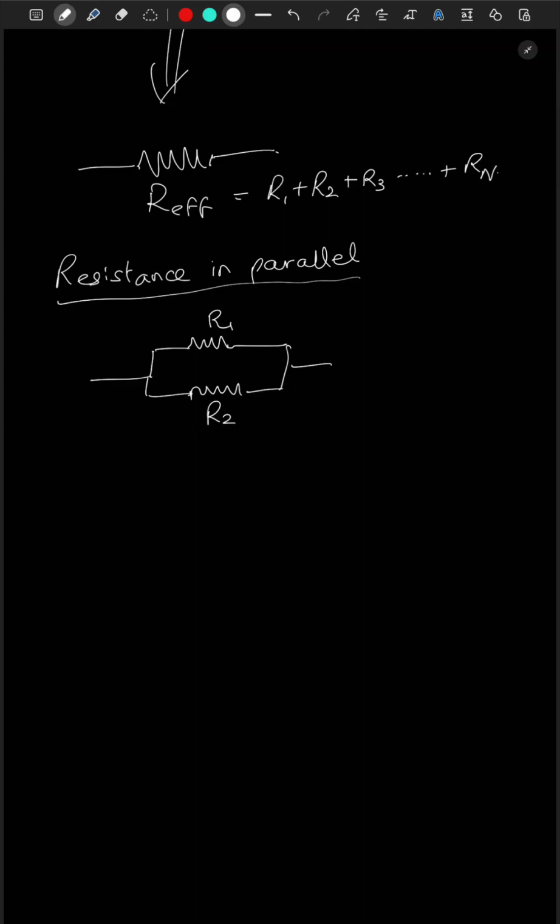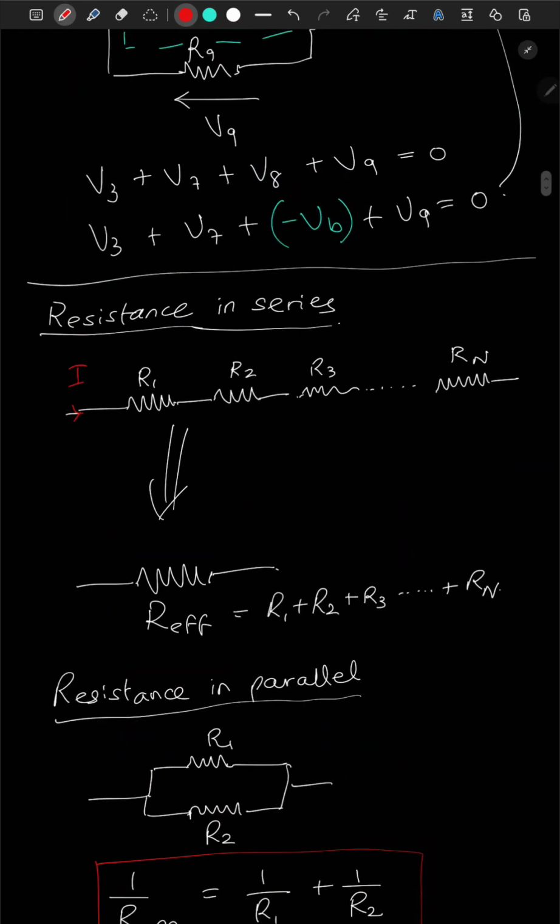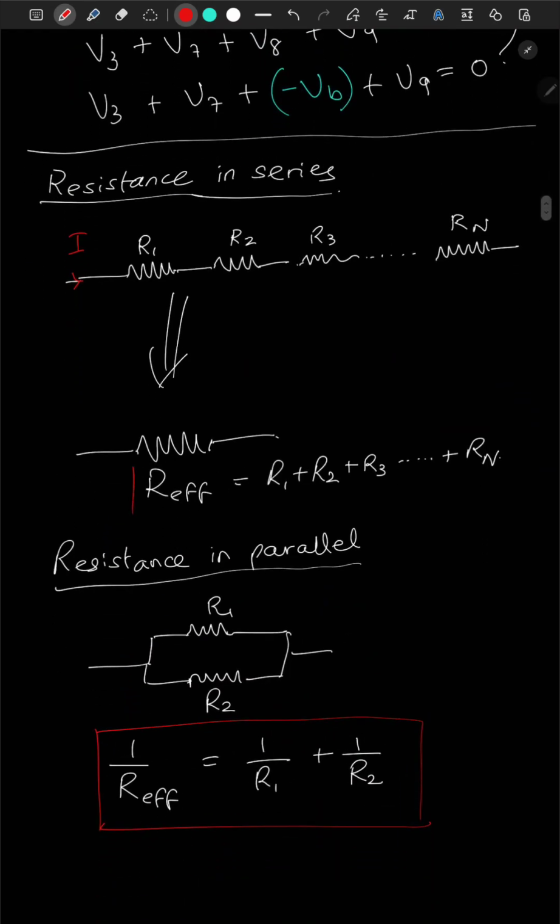Now the effective resistance would be 1 over R effective equals 1 over R1 plus 1 over R2. Okay, this is the formula for resistance in parallel. So this one is for resistance in series.